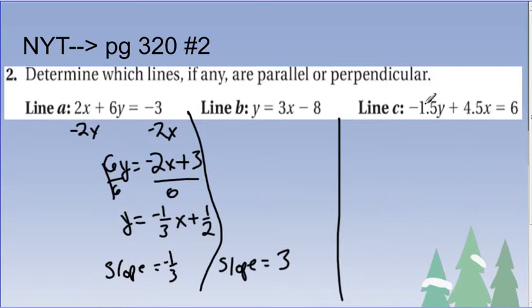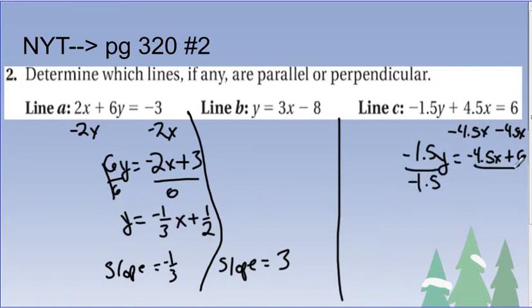We need to get the y by itself, so we have to get rid of this x term. So we're going to subtract 4.5x. We get negative 1.5y equals negative 4.5x plus 6. Divide by negative 1.5, divide by negative 1.5. These cancel.